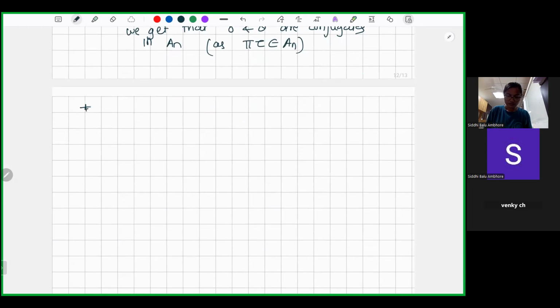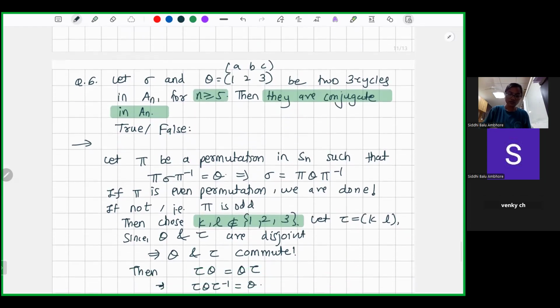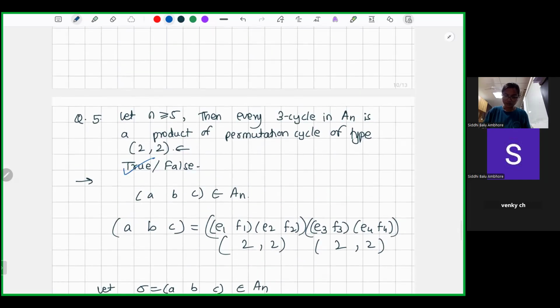So this is true. And here, this statement was also true.